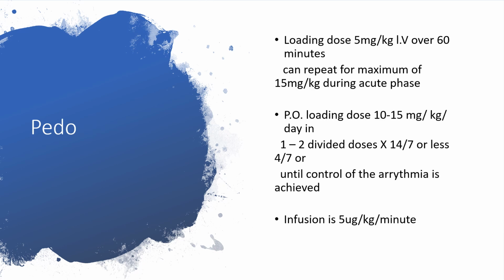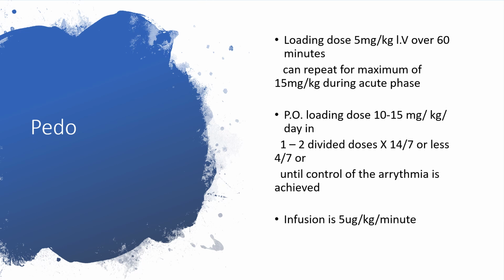In pediatrics, all medications in pediatrics are by milligram per kilogram, whatever route you choose. So the loading dose here is 5 milligram per kilogram intravenously, given slowly over 60 minutes. We can repeat for a maximum of 15 milligram per kilogram during the acute phase.